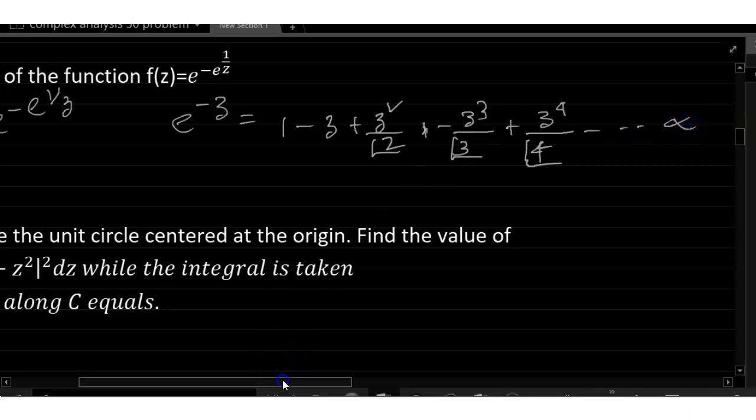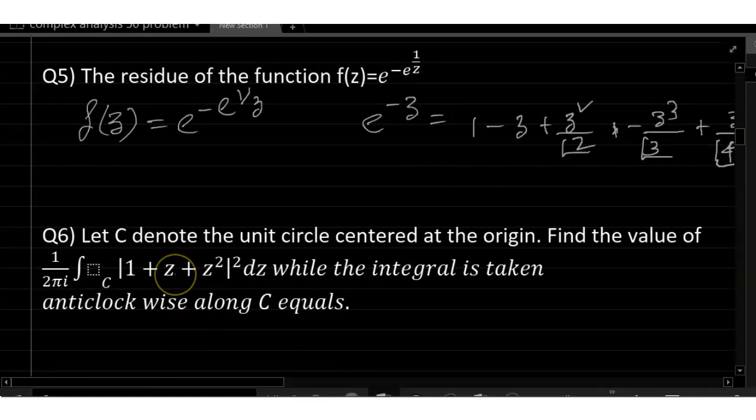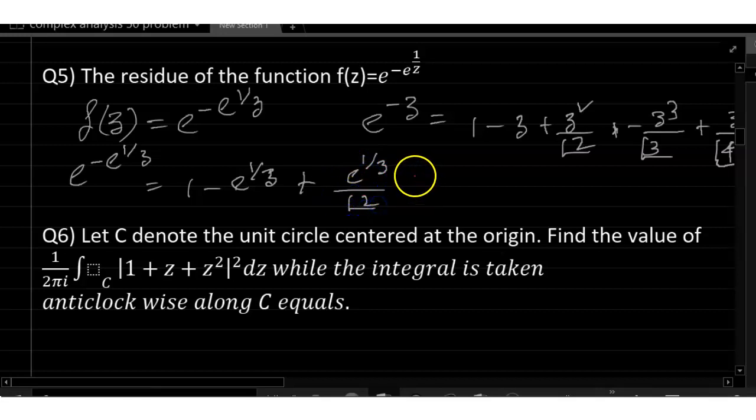So e^(-z) = 1 - z. This is the formula. So e^(-e^(1/z)) = 1 - e^(1/z) + e^(2/z)/2 factorial - e^(3/z)/3 factorial, and up to this way we can get up to infinity.